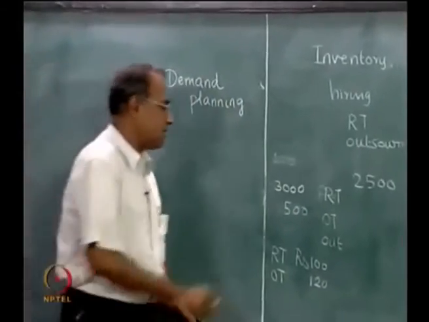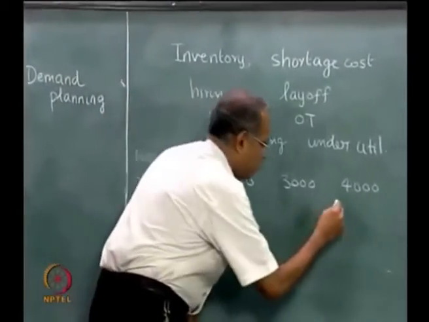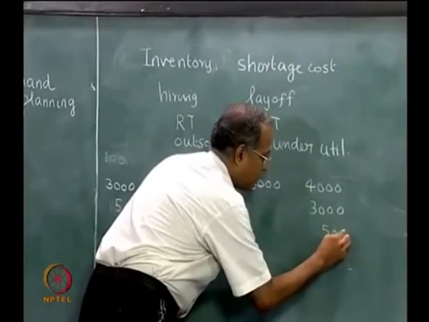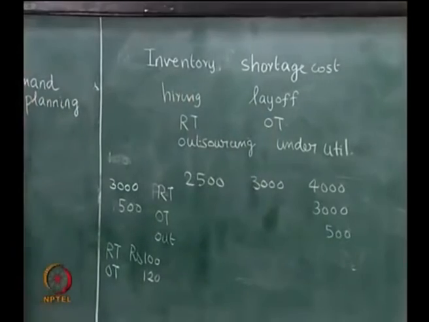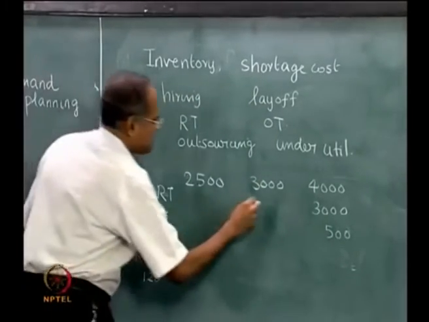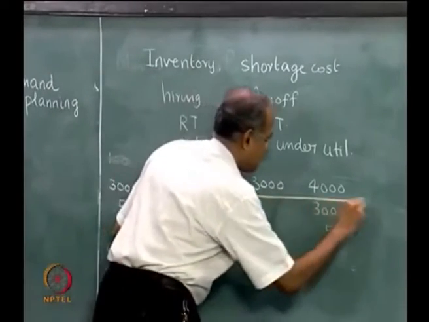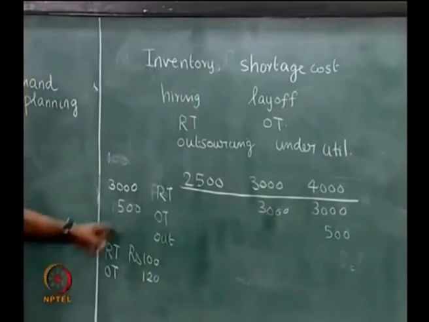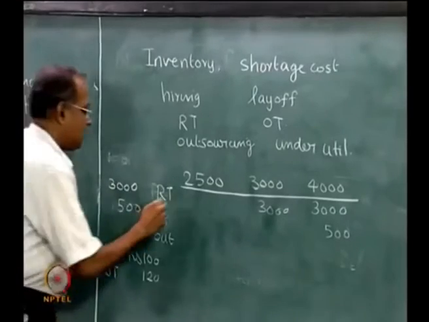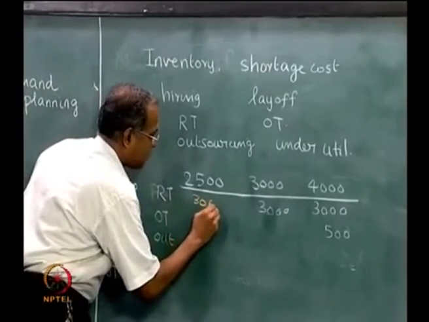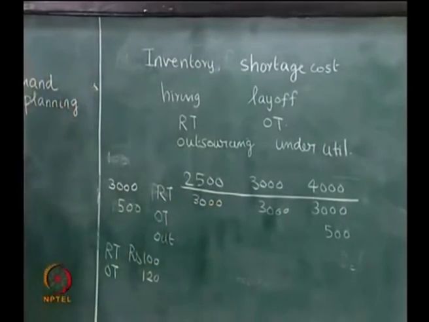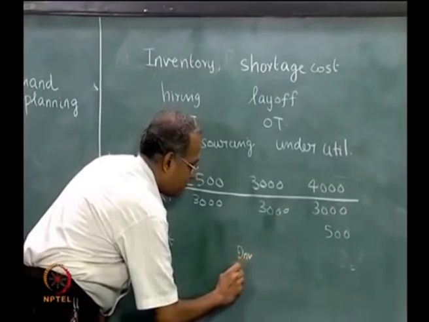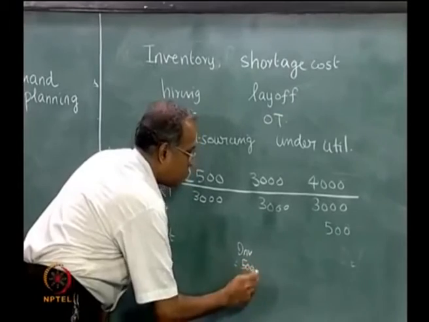So, to meet this 4000 we will use the 3000 regular time and 500 overtime. To meet this 3000 we will use 3000 regular time. Now, for this 2500 we will produce 3000 regular time and have an inventory of 500.